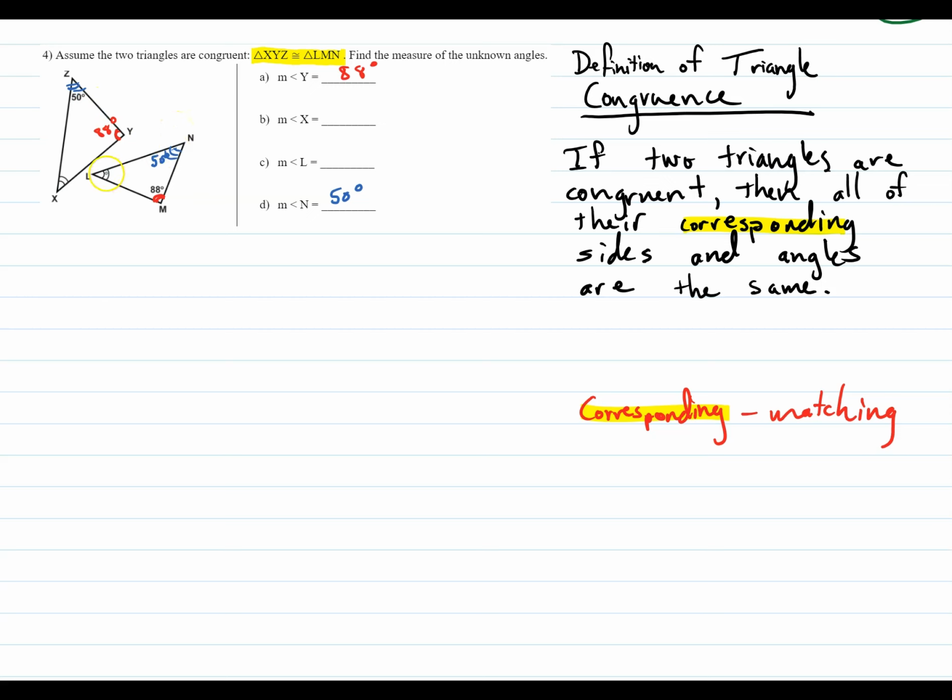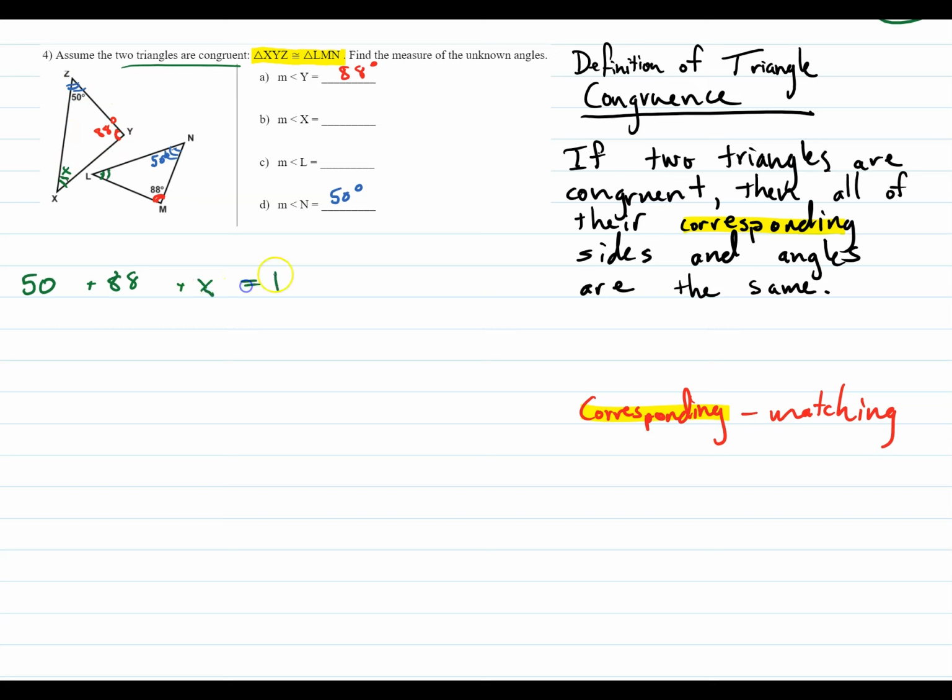All right, and then we go to angle L and angle X. These ones are corresponding because they both have the two lines and the triangles are congruent. So L and X are going to be the same degree. We don't know what this is, so I'm going to call angle X x, which makes sense, and then use the triangle sum theorem. 50 plus 88 plus x. Those are 3 angles in the left triangle.